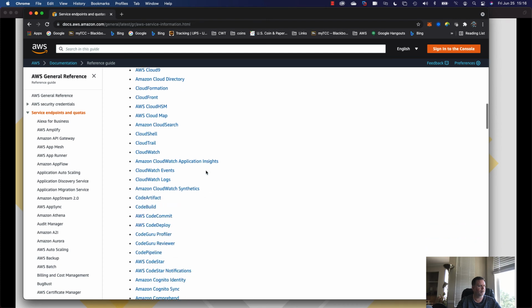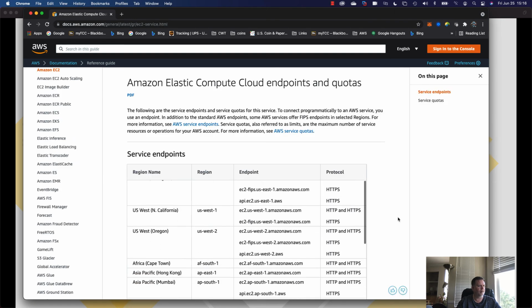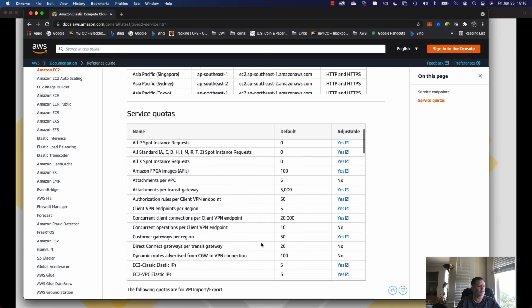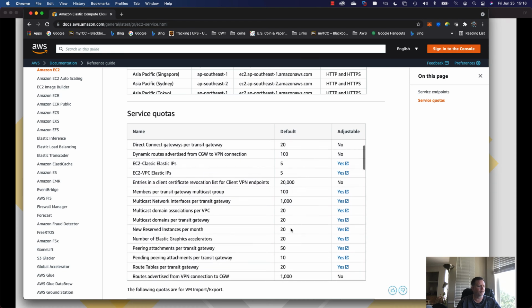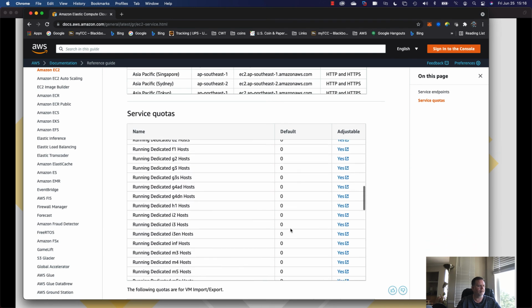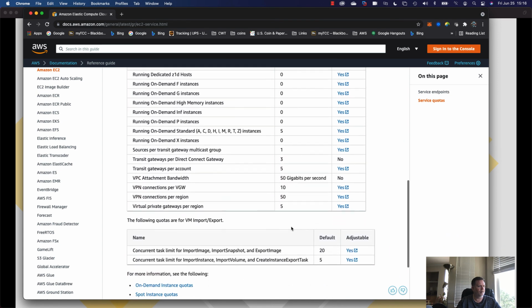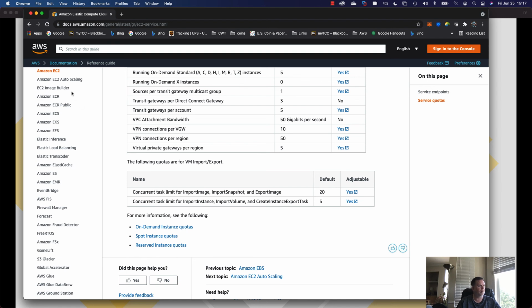So let's go to EC2. Service quotas: attachments per transit gateway is 5,000, client VPN endpoints per region is 5, classic elastic IPs are 5. All kinds of limits. And that's EC2.